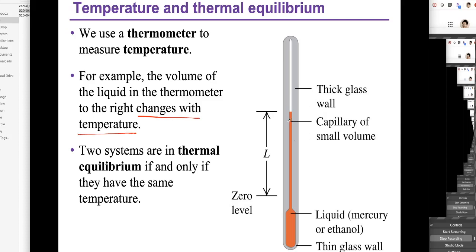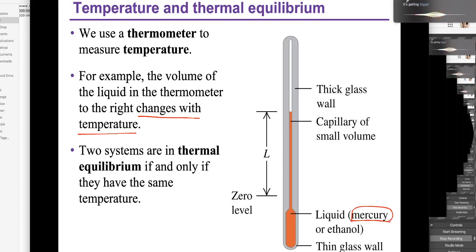Usually in a thermometer, we have some liquid. Usually it's mercury. Sometimes it might be some other liquid, but most of the time it's mercury. Like other liquids, mercury's volume gets bigger when the temperature is higher.